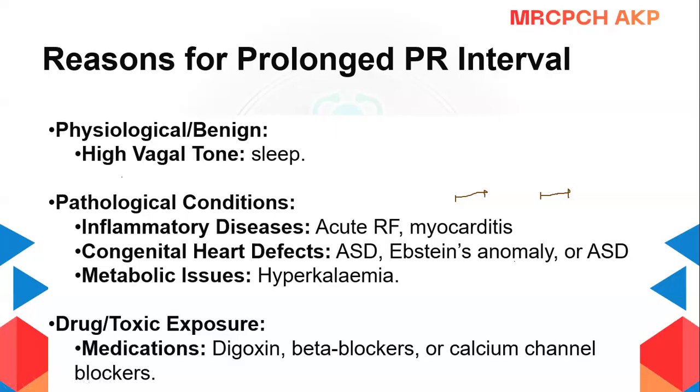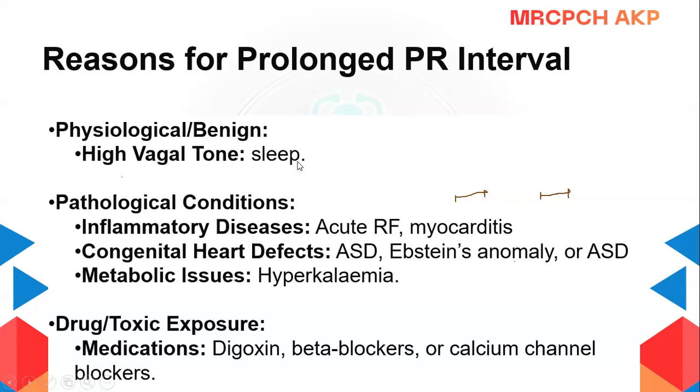So it can be physiological as well. Like in children, when they are sleeping, there is high vagal tone. I told you about the vagus nerve, that it is like a brake to the heart, so it is going to slow down the heart. So there is a kind of pause and delay in the electrical impulse. So in sleep it can happen, so just don't worry.